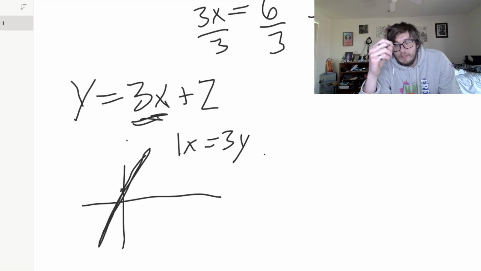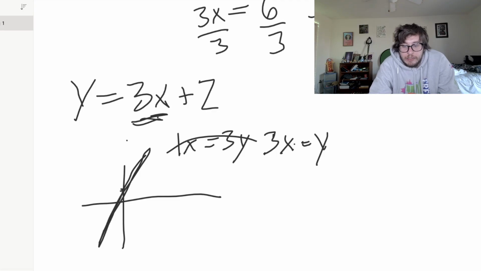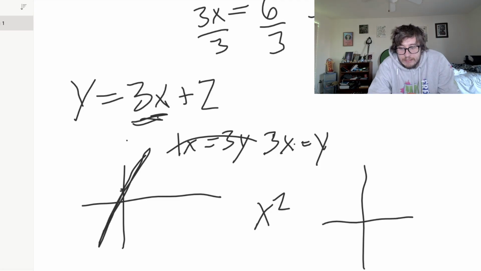Or I guess it's 3 x's is 1 y, but that means for every 1 increase in x, there's a 3 increase in y. Does that make sense? So that's the slope. And then slope's going to be important later because if you have something like x squared, right, on a graph that looks like this, then you'll notice that if we draw a tangent line like that, the slope at this point is different than the slope at this point.